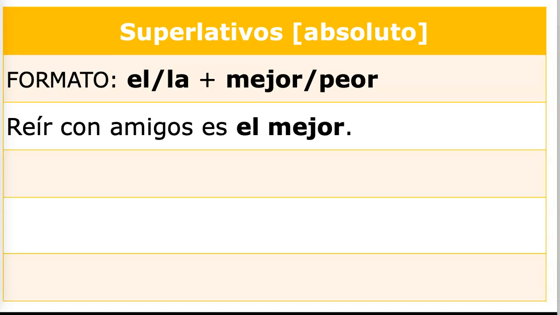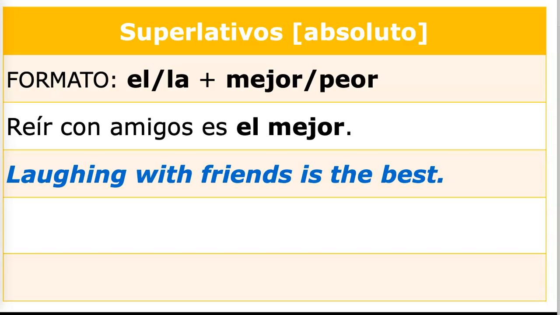And when we translate it in English, we could either use the infinitive to laugh, or more naturally, we would use the gerund, the present participle laughing. So this sentence translates to, laughing with friends is the best.